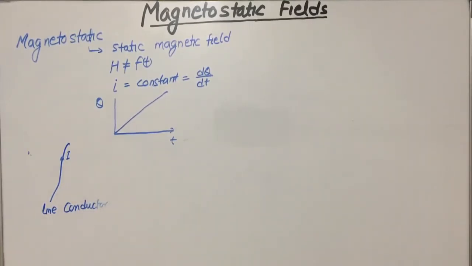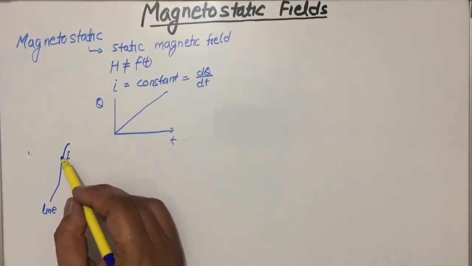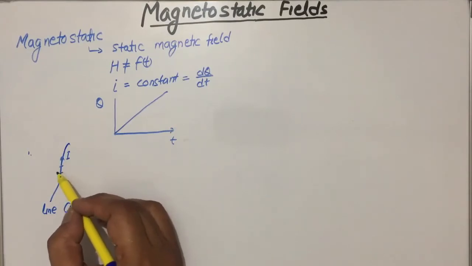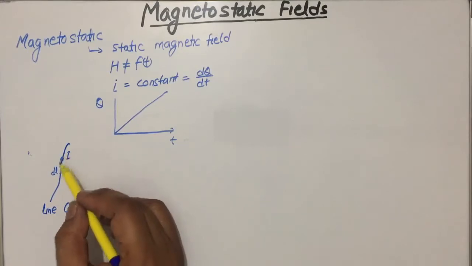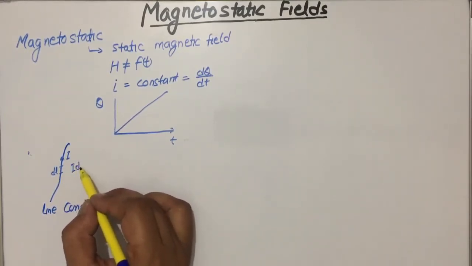The current flowing through any element dl of the conductor will be I dl.